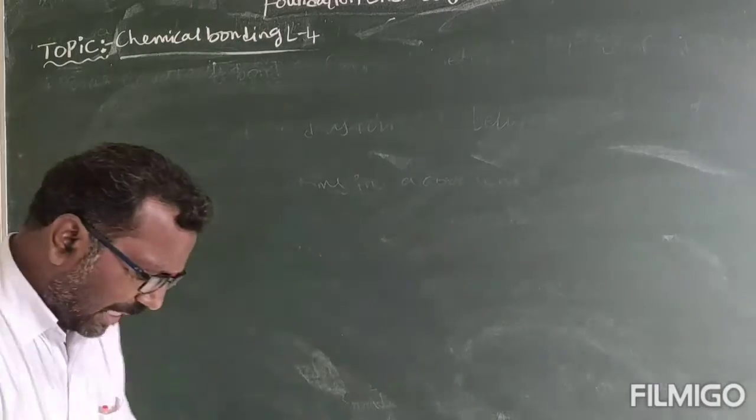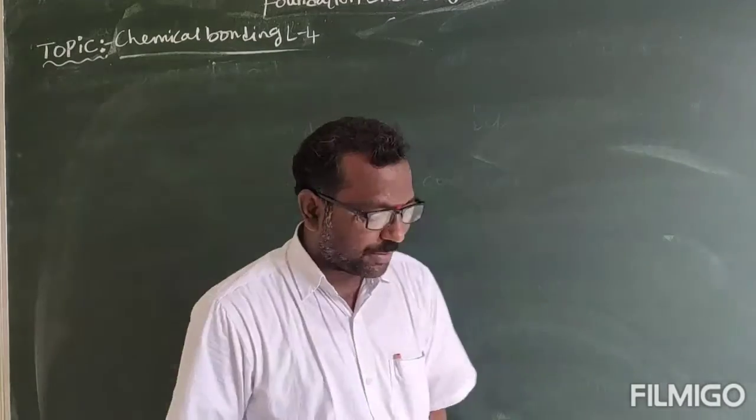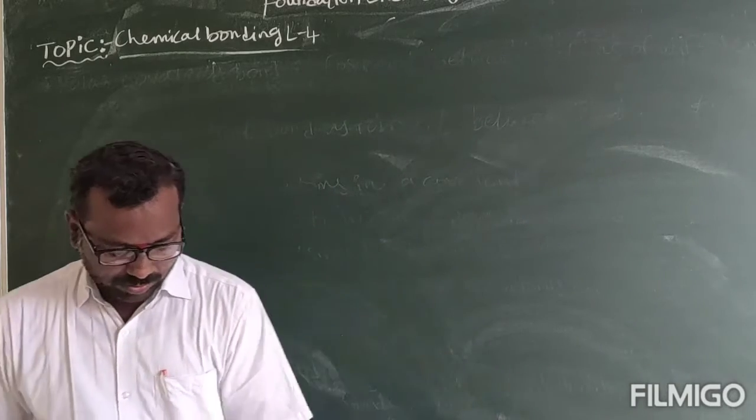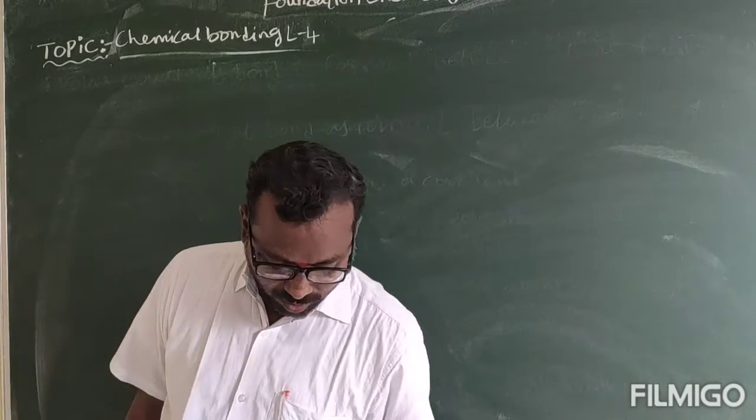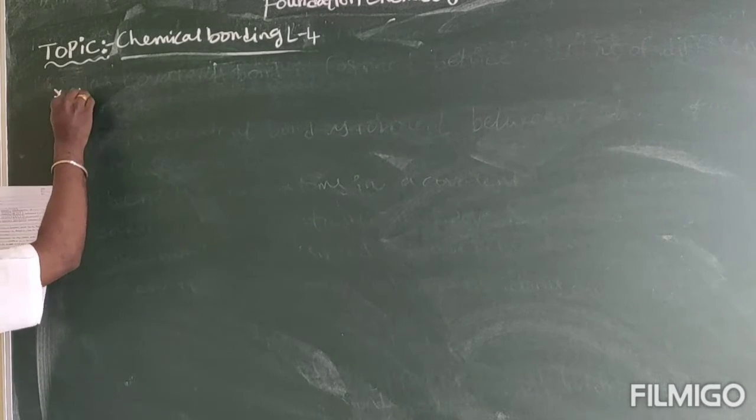So, if the electronegativity difference between the atoms is less than 1.7 or 1.9, okay, then the bond is a predominantly covalent bond. That you should make very clear.